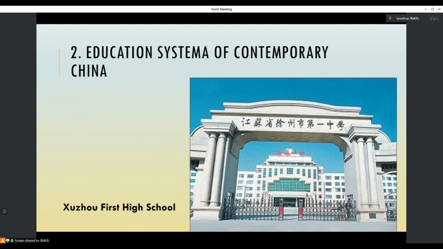You know, a student in middle school, secondary school, has to take the entrance examination.